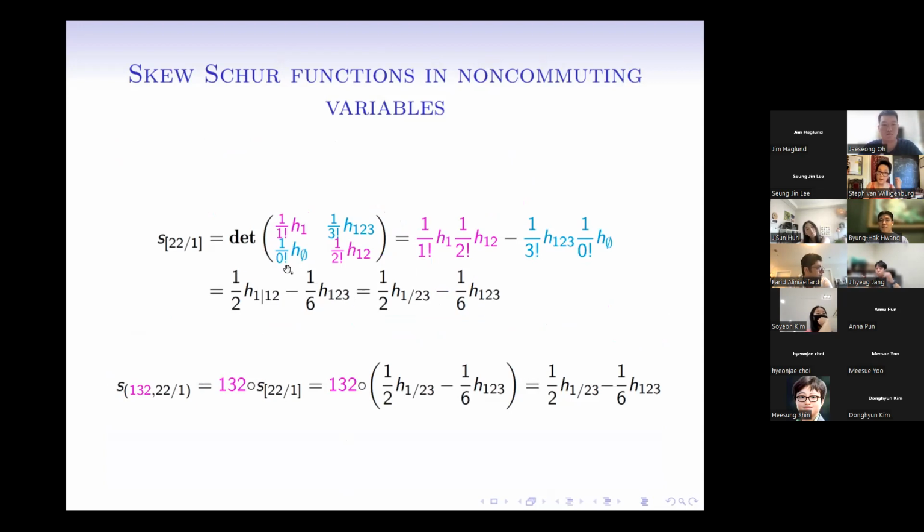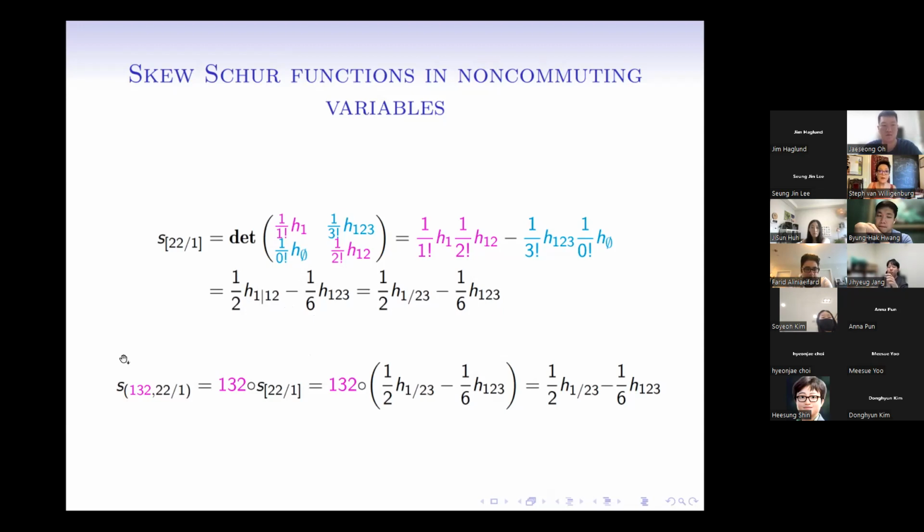Then I've got to take my non-commutative determinant, which is going to be 1 over 1 factorial h1 times 1 over 2 factorial h12, minus 1 over 3 factorial h123 times 1 over 0 factorial h empty. So by our product rule right from the start of the talk, that's going to be a half h1 1 2, which is just a half h123. And then it's going to be minus a sixth h123, which just stays as it is.